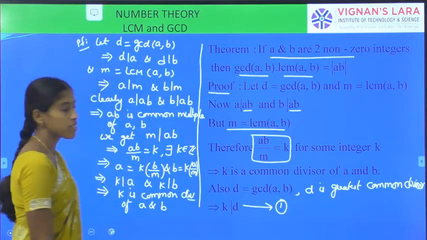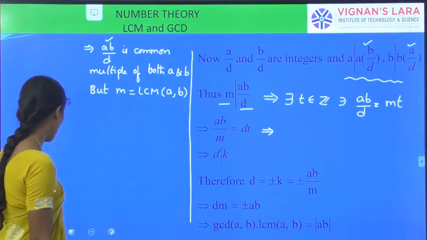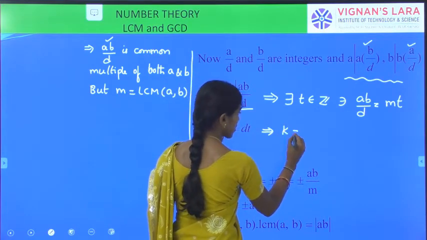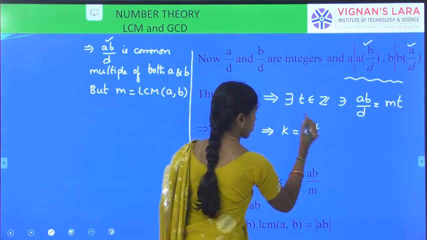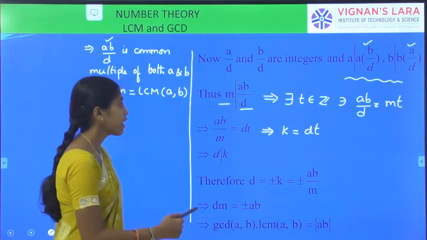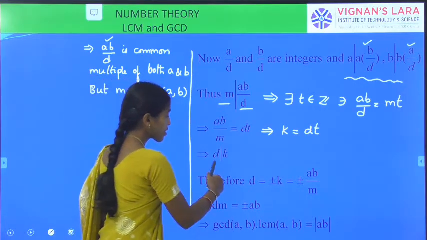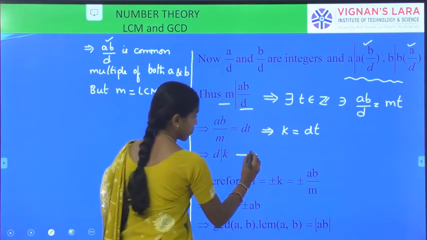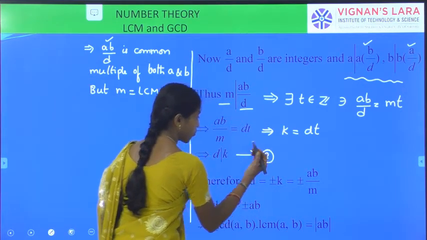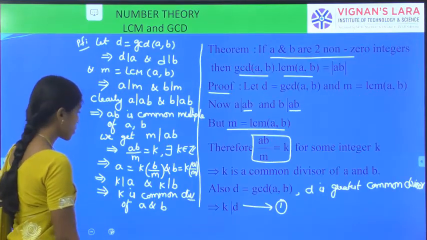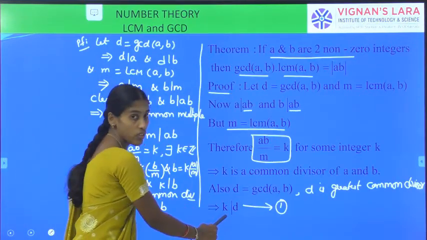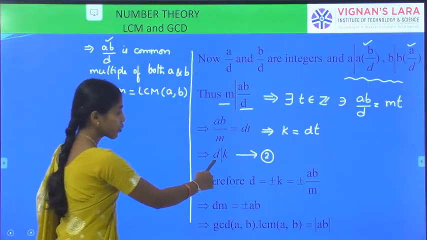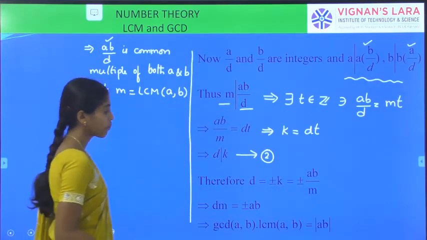AB by M is equal to K. So now we replace this AB by M by K, so K is equal to Dt. K equal to Dt implies that D divides K. So this is equation 2. See here equation 1 gives us K divides D. Equation 2 is D divides K.